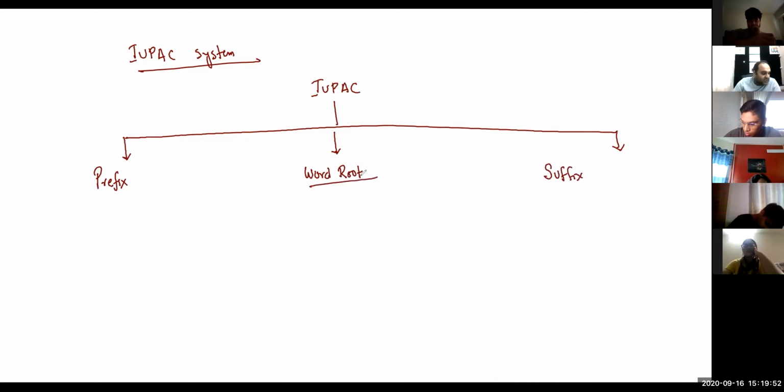Word root is the most important. This indicates the number of carbon atoms in a compound. Meth, eth, prop, but, pent.